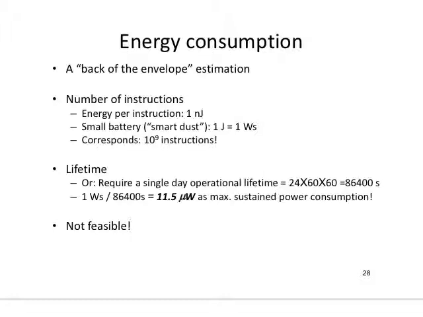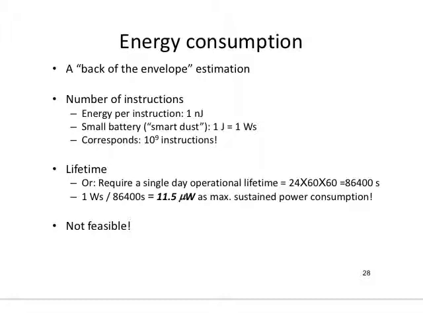Anyway, as a very simple example, as a very rough estimation, of course, it's not accurate in any way, just imagine that the CPU or the processing unit of the microcontroller consumes about 1 nanojoule for each instruction.